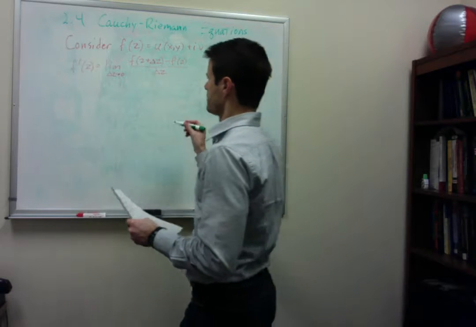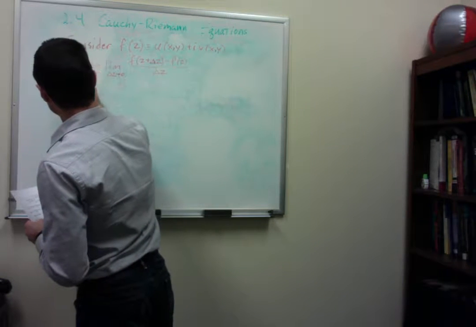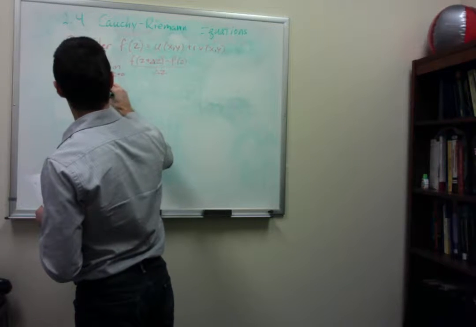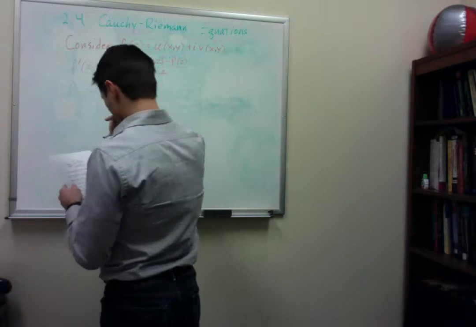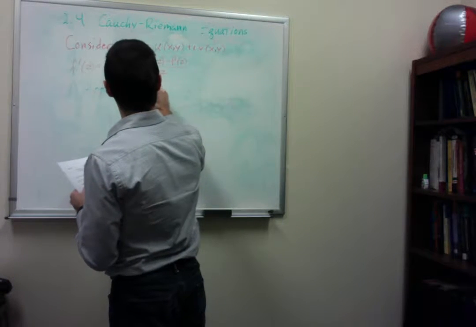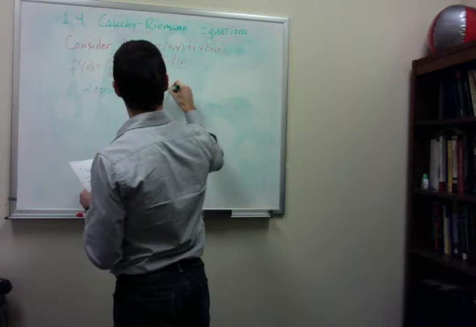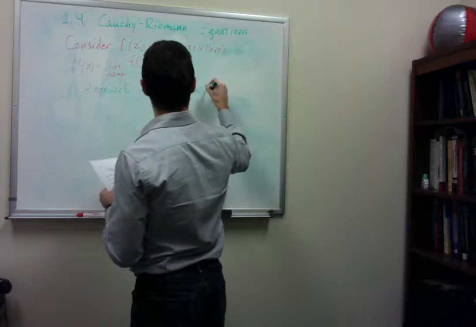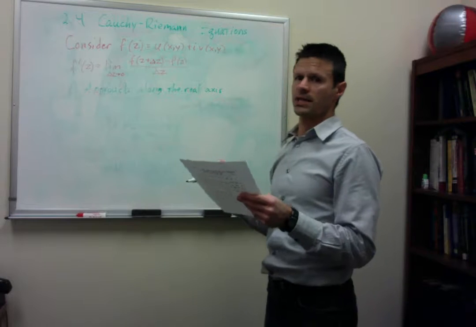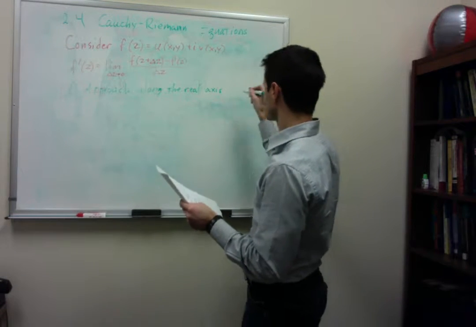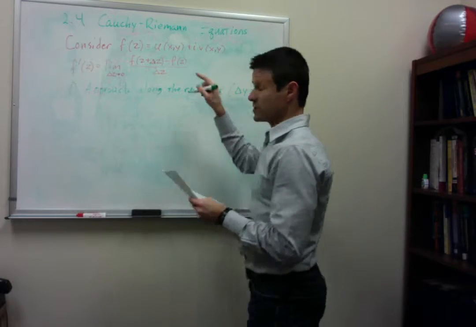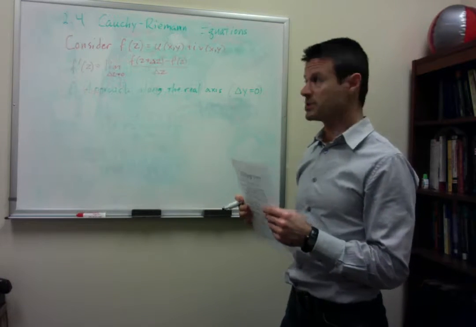So we're going to approach z along the real axis, or more correctly, we're approaching along a line that's parallel to the real axis. In any case, when we do that, we basically set delta y equal to 0, the delta y that's part of the delta z.